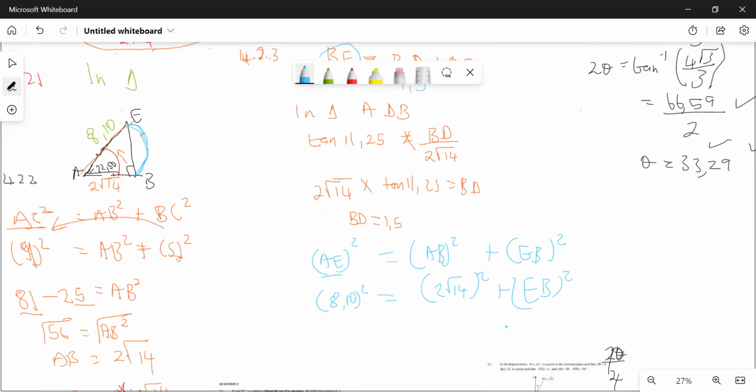And if you do this, what do you get? So you have 8,10 all squared minus 2 root 14 all squared, which is going to be EB all squared. Therefore, what is EB?